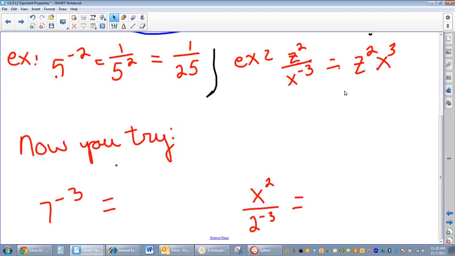Alright, so could someone walk us through the first one? Joshua, could you walk us through the steps you did for the first one? Okay, so what did you get when you did the negative power property? Good, so you can see the negative power property, you hop the line and switch the sign.